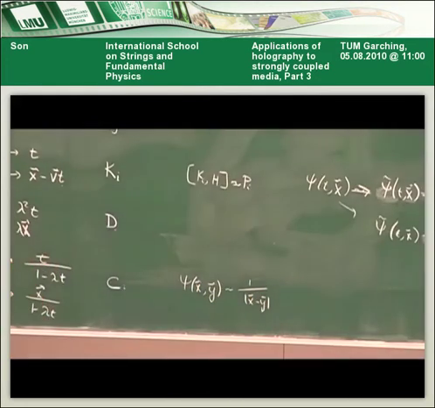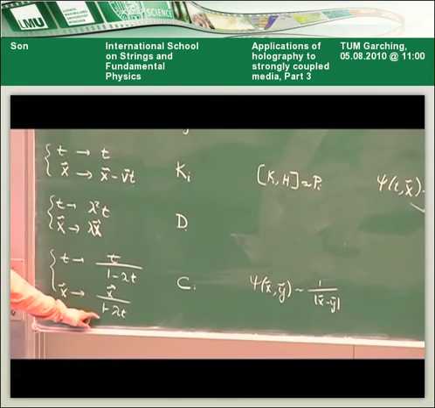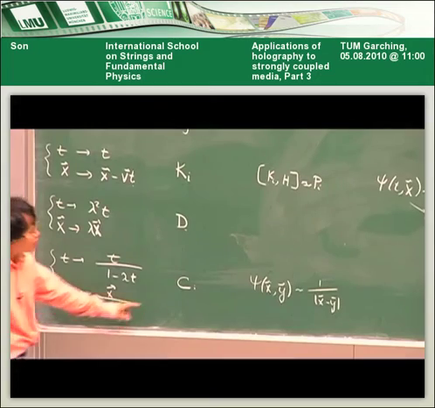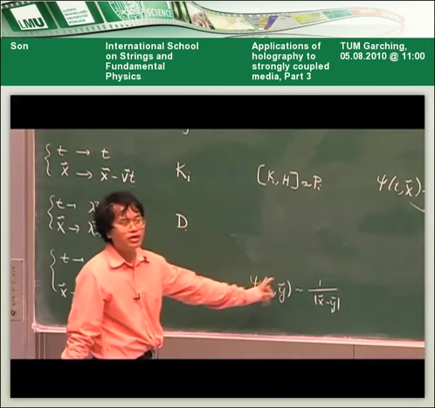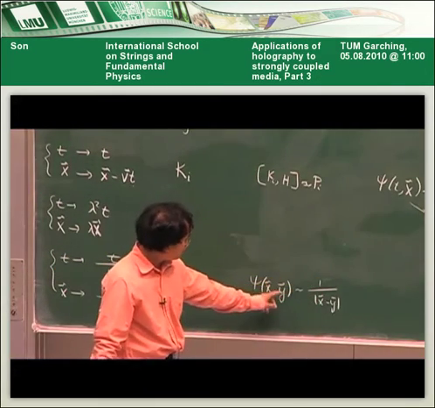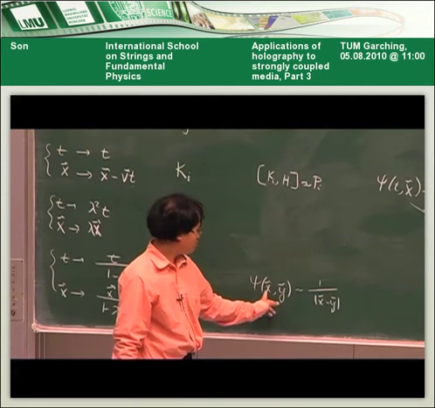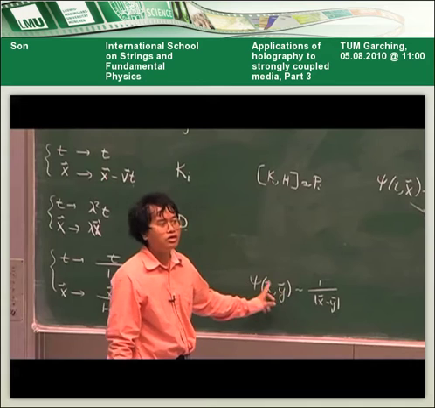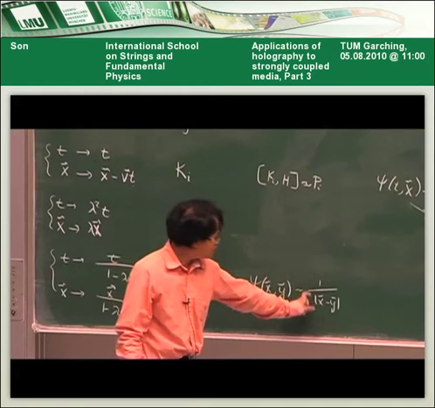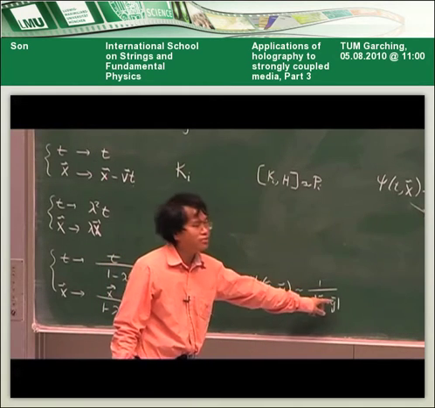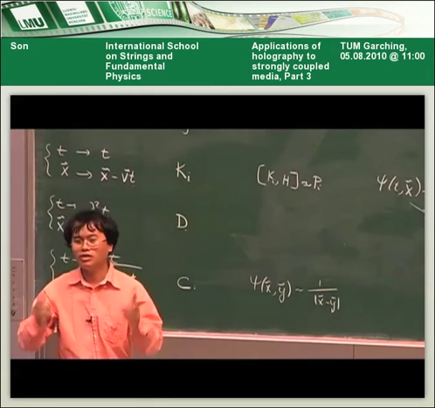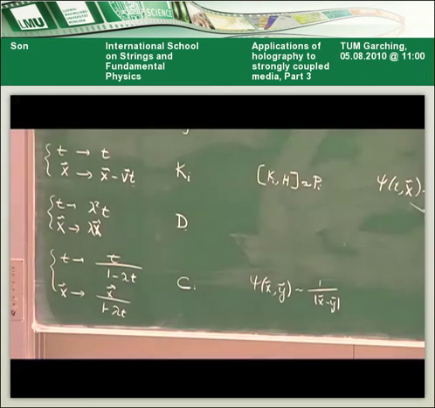You see that in this transformation, x is multiplied by some factor that depends on time, but that doesn't mess up the boundary condition of the wave function that is formulated at equal time, right? The 1 over x minus y asymptotics remains unchanged when you do this transformation.